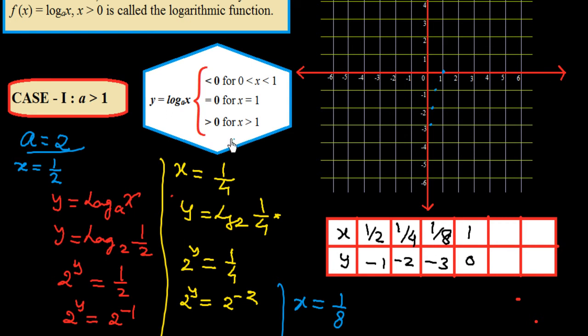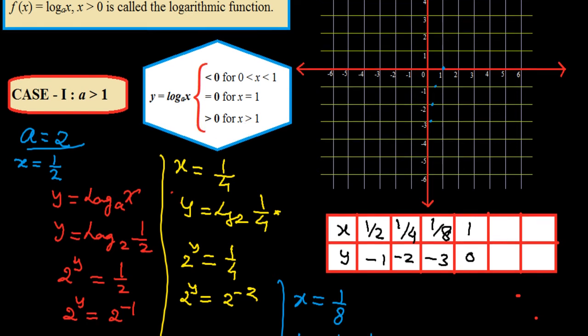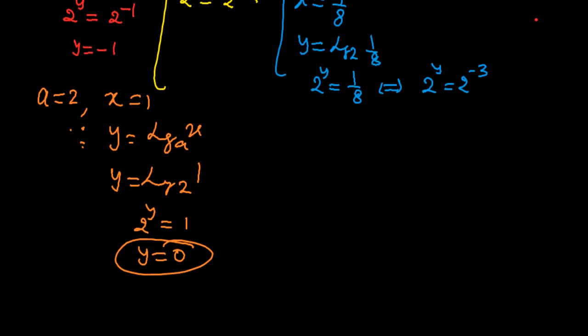Now we see if x is greater than 1, how we get the values here. a is 2 here and x is greater than 1, so we are taking x is equal to 2.